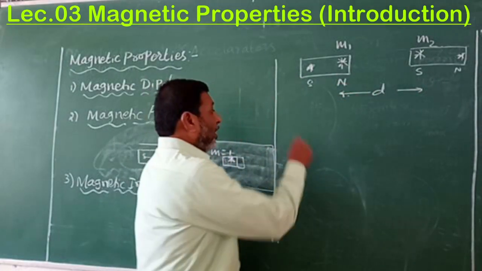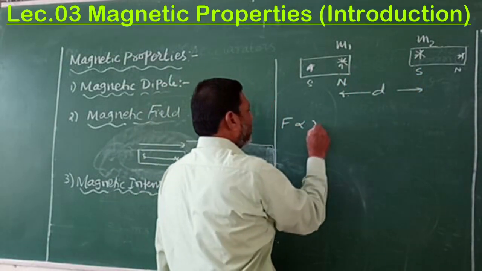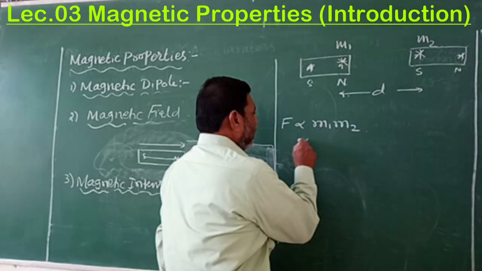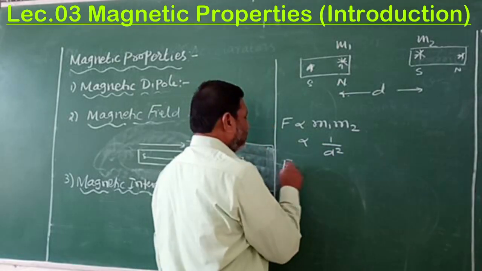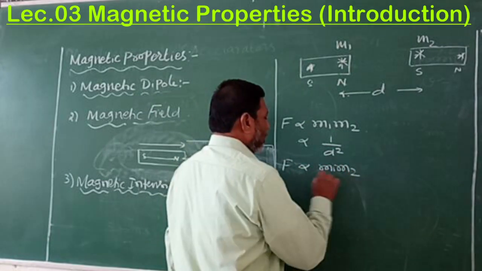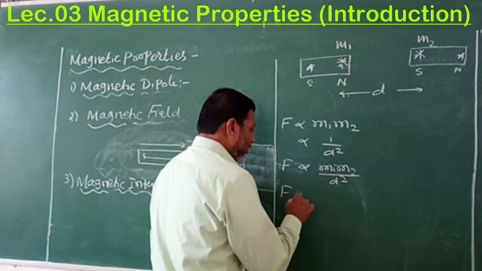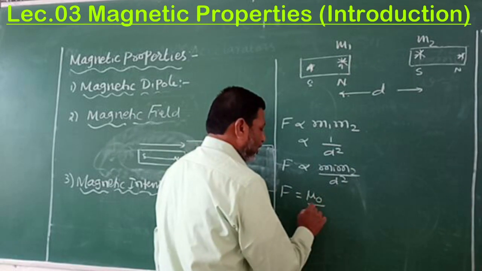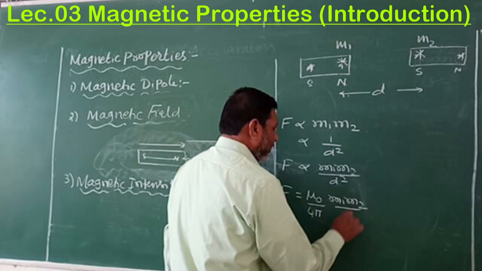According to Coulomb's inverse square law, the force between the two poles is directly proportional to the product of their pole strengths, M1 M2, and inversely proportional to the square of the distance. When you combine these two, you get M1 M2 divided by d square. To remove this proportionality, we put a constant, mu naught divided by 4 pi, so the force is mu naught by 4 pi times M1 M2 divided by d square.